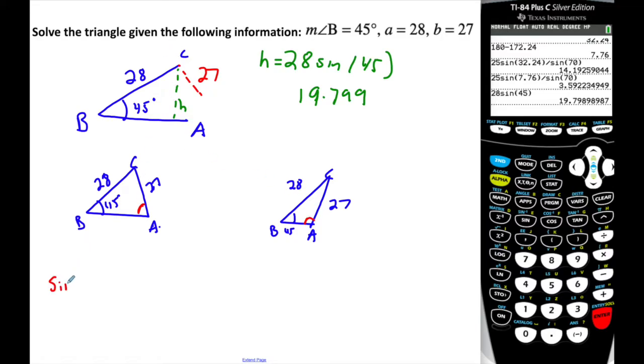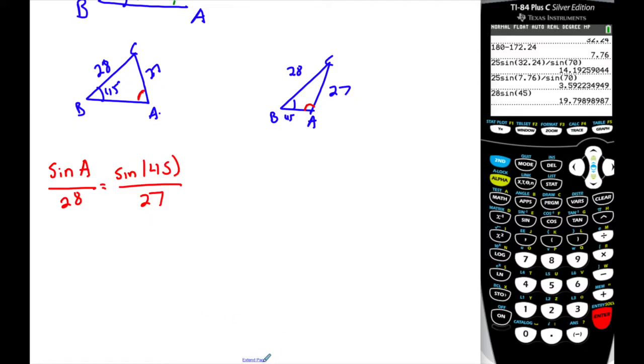So what I know is the sine of big A over 28 is equal to the sine of 45, which is big B, over 27, which tells me that A is equal to the inverse sine of 28 sine 45 over 27.